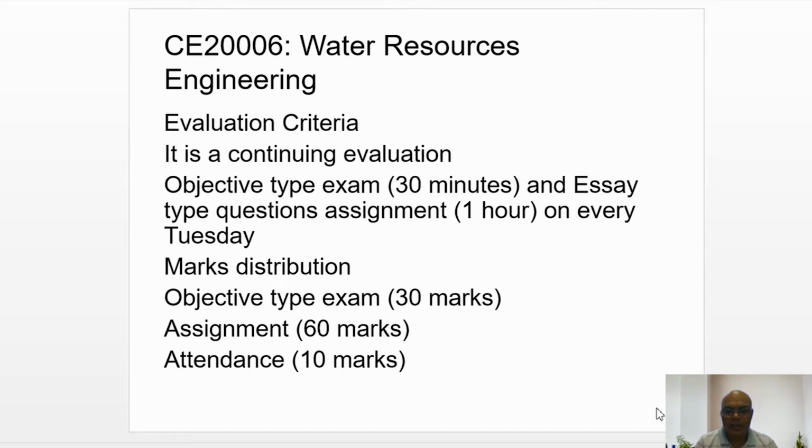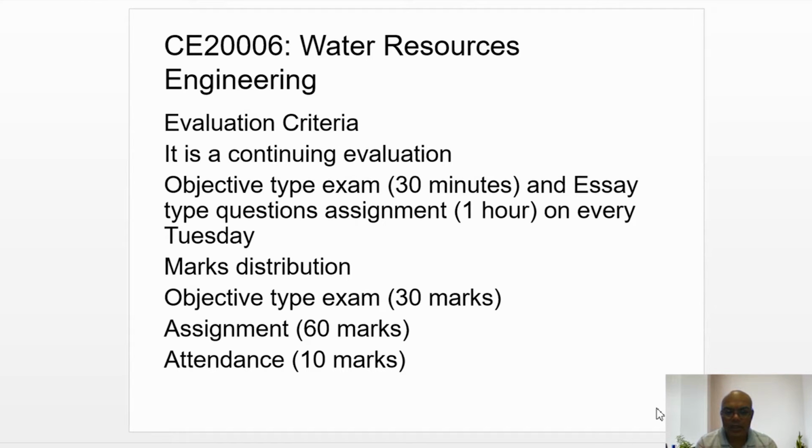Evaluation criteria of this course. This is continuous evaluation. The mark distribution is changing now. We are conducting 3 quizzes, and these 3 quizzes carry 60 marks.